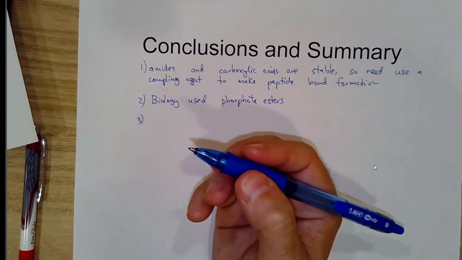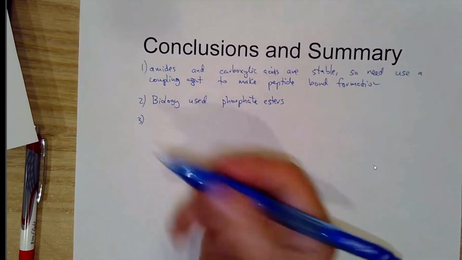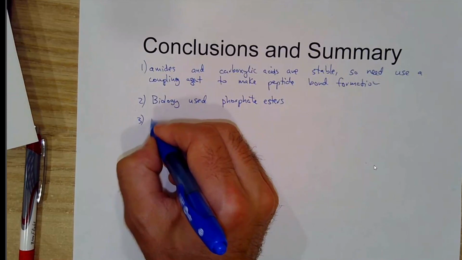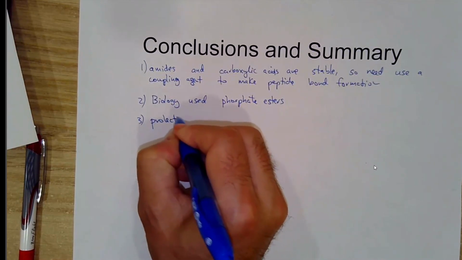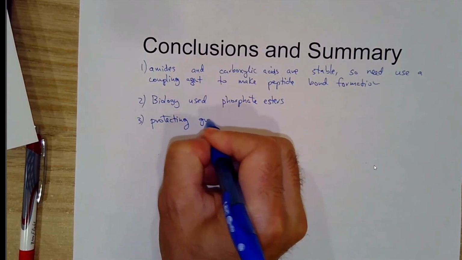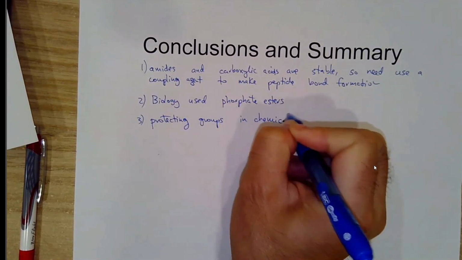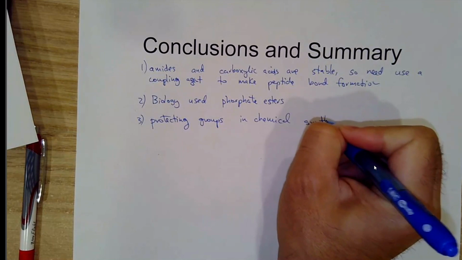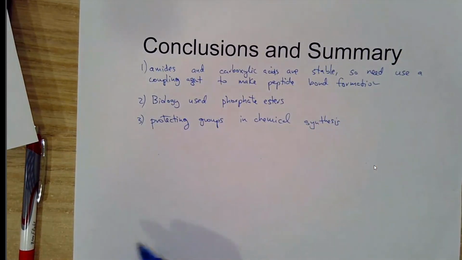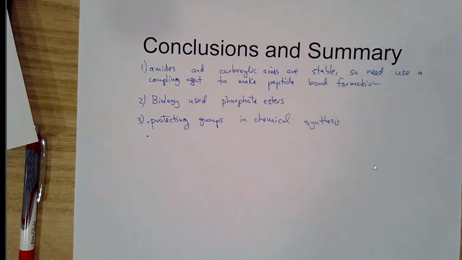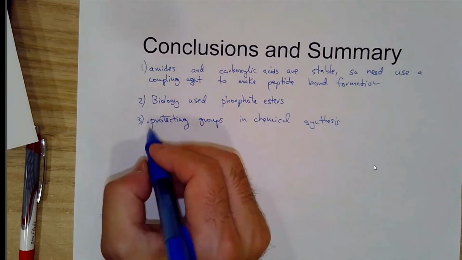Then we talked about chemical synthesis of peptides. Chemical synthesis of peptides is more complex because we talked about protecting groups in chemical synthesis. We talked about coupling agents and the mechanism of how that increases the activation energy.